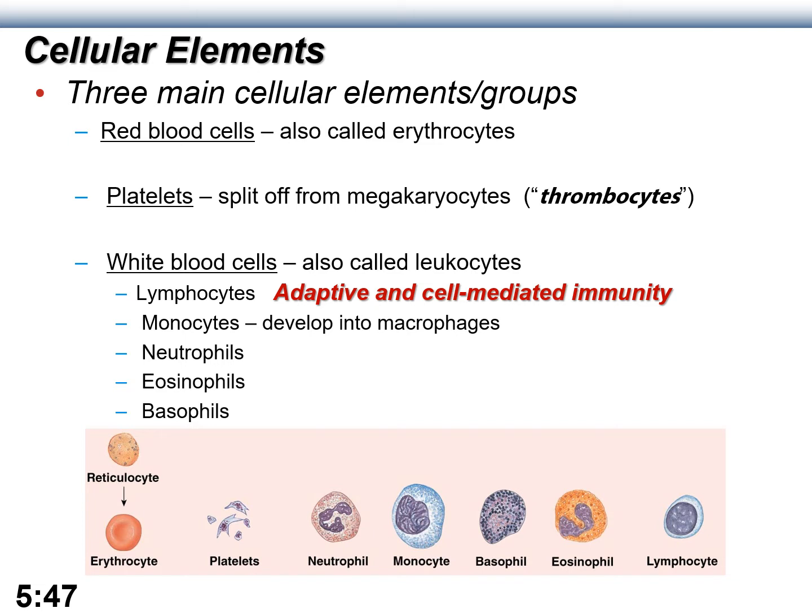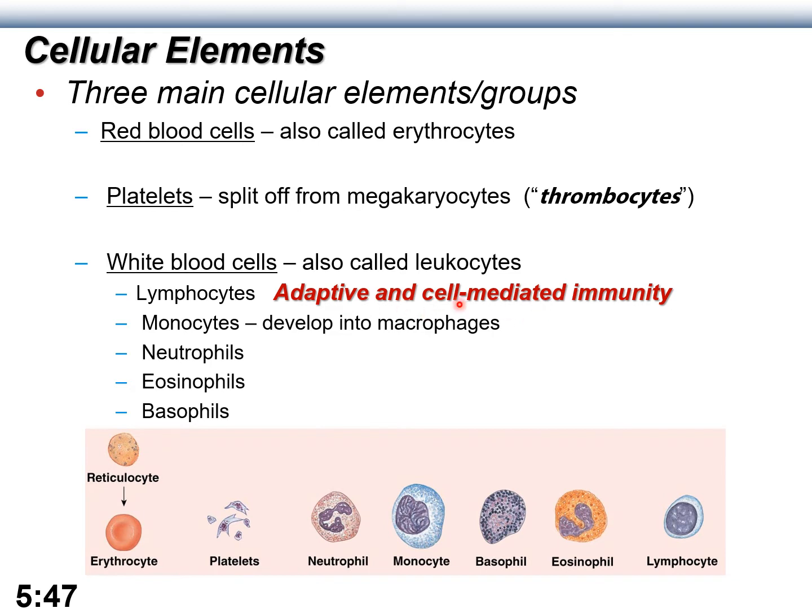For instance, lymphocytes are involved in what we call adaptive immunity, and that's a big deal right now. Adaptive immunity is what we develop in response to some type of viral infection. You have to be exposed, or somebody has to be exposed, for antibodies to be generated. That's what we mean by adaptive.